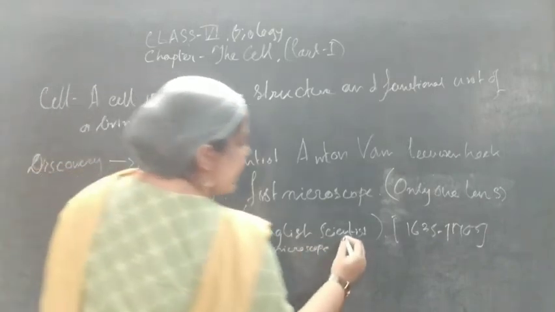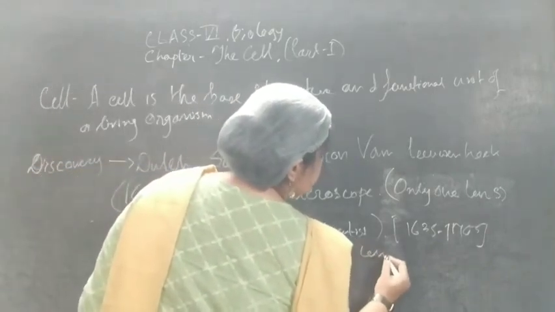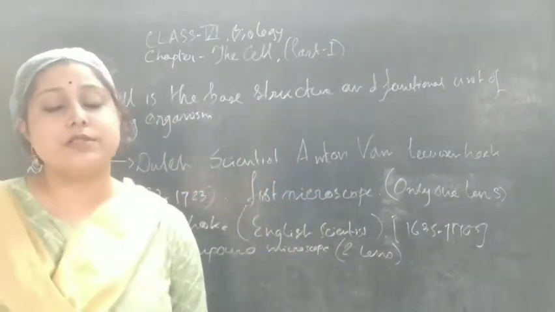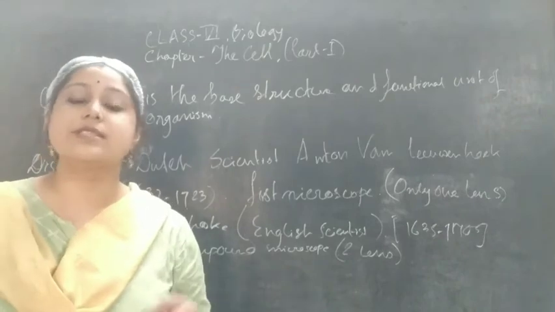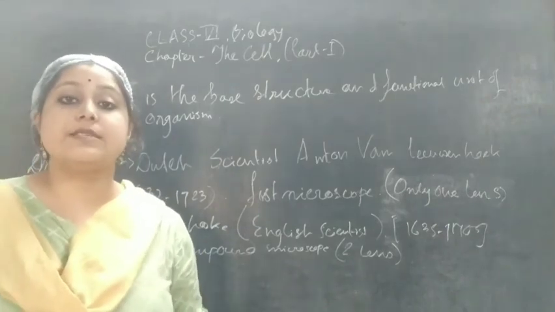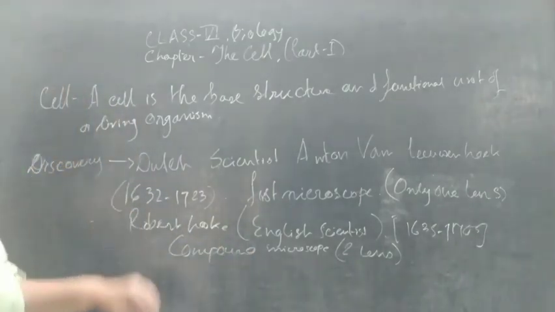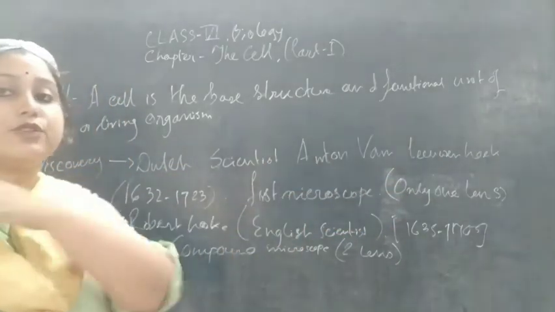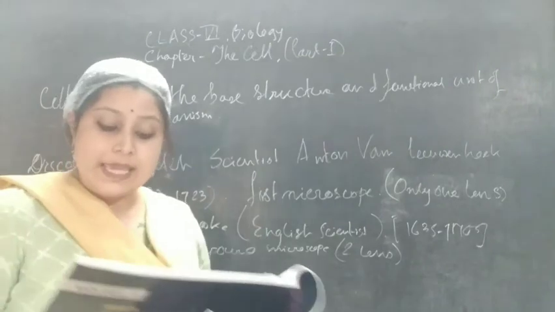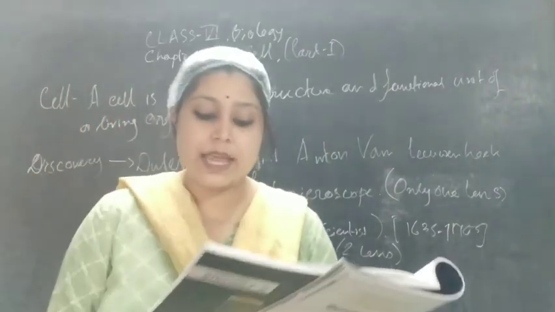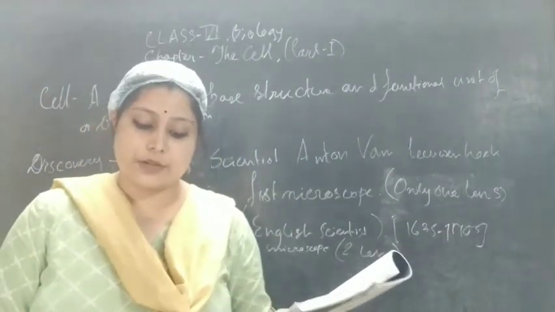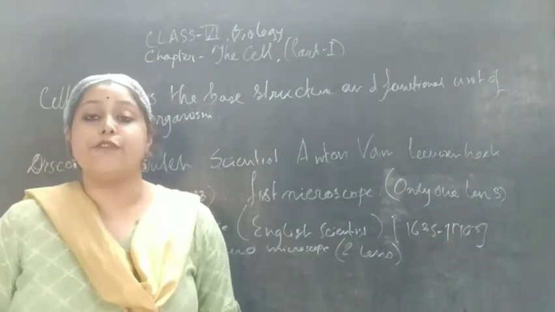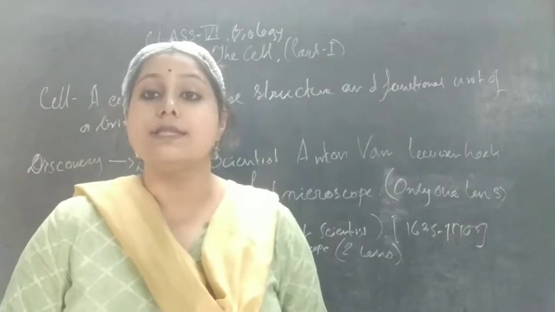Okay, it has two lenses. Nowadays the compound microscope is also used in places, but it is much better than the single-lens first microscope. And he studied a thin slice of cork under this microscope and observed a small box-like structure which he called a cell.